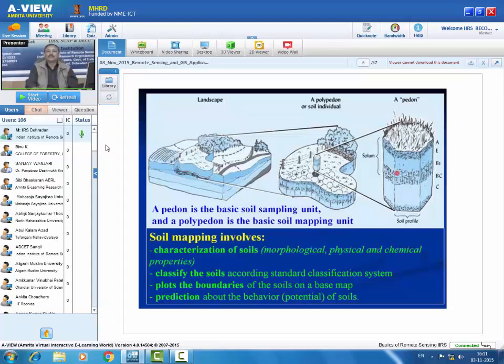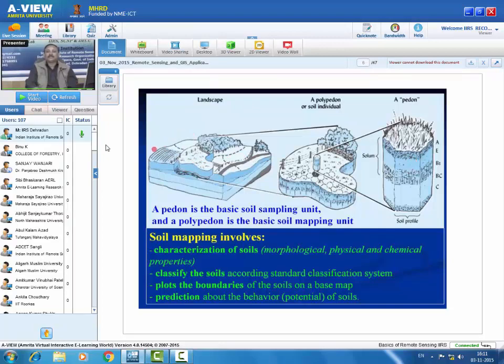Then we need to demarcate our area into various units. We call it a landscape unit. Each landscape is represented by a pedon, which we study in the field.